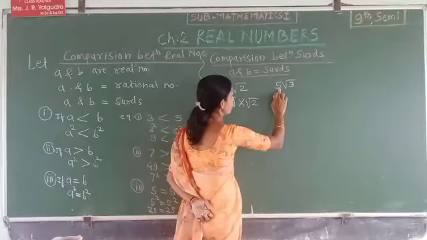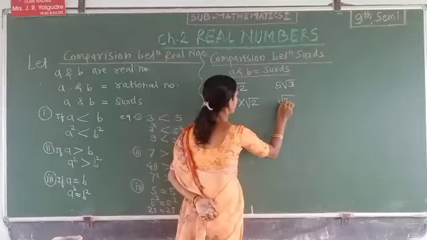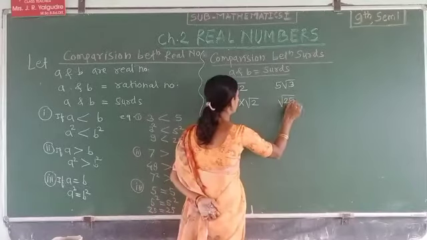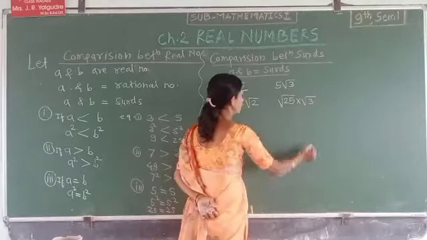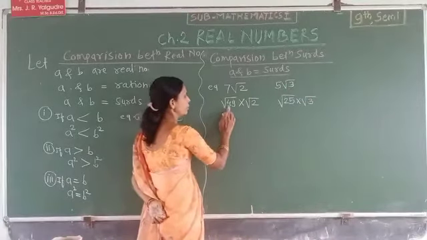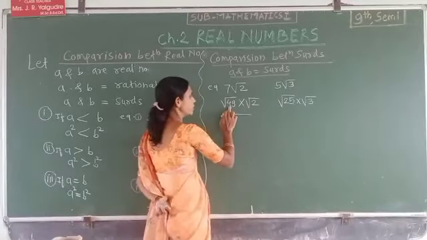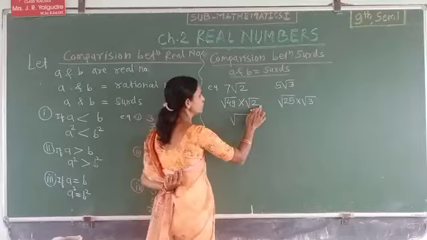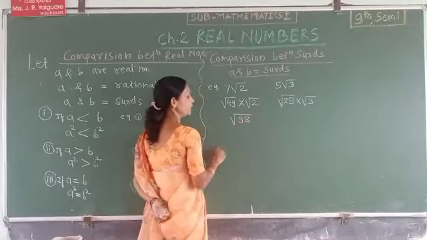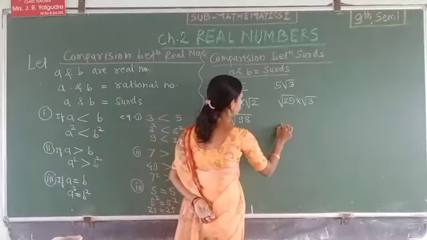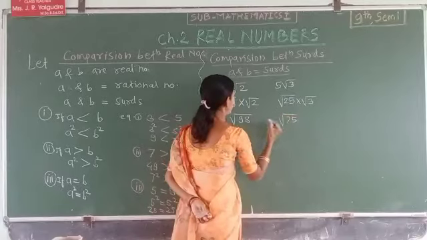Similarly, 5 should be written as root 25 into root 3. Then we multiply root 49 by root 2 and get root 98, and root 25 into root 3 is root 75.